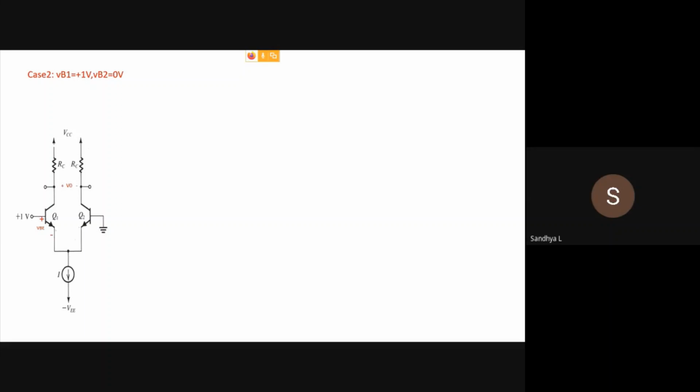So which is the transistor that is on? The transistor that is on is the one with more positive voltage at its base. So VB1 is more positive in this case than VB2. VB2 is at ground potential. If this was also a positive value, a value greater than 0, or maybe nearer to 1 volt, then both will be on.